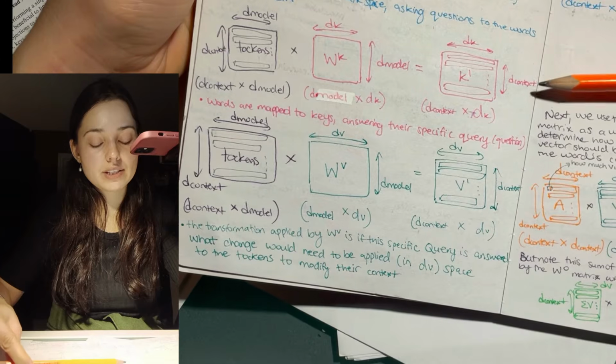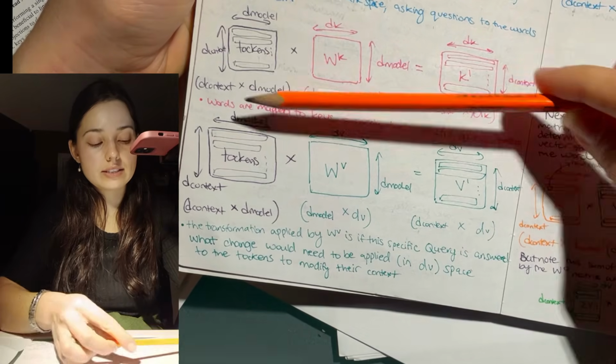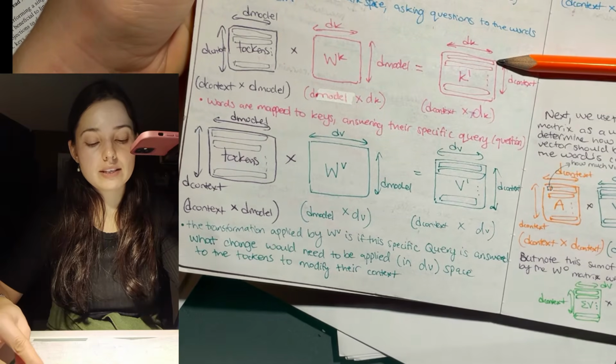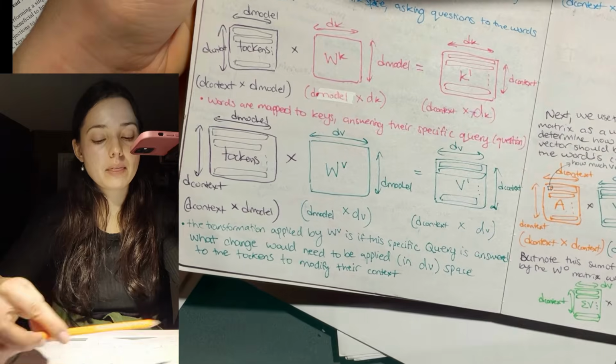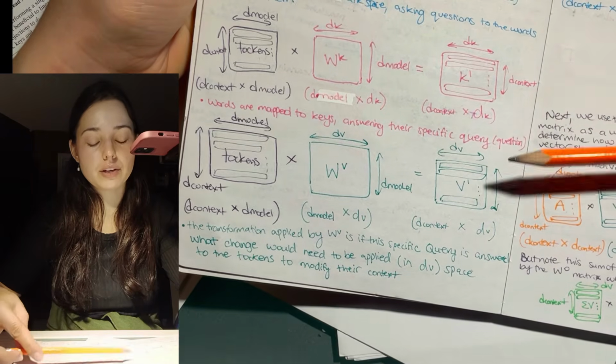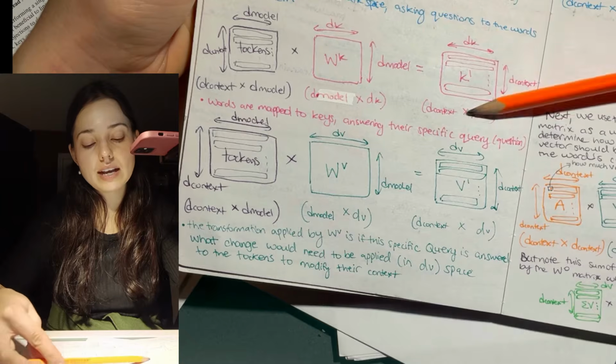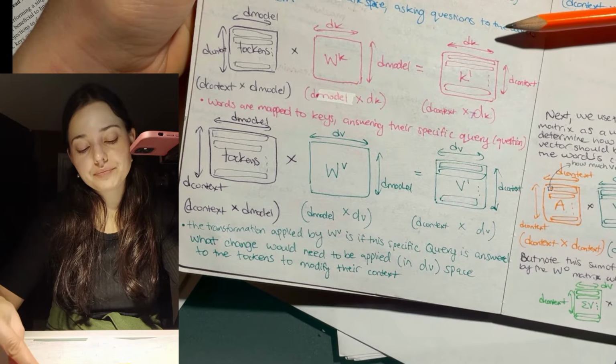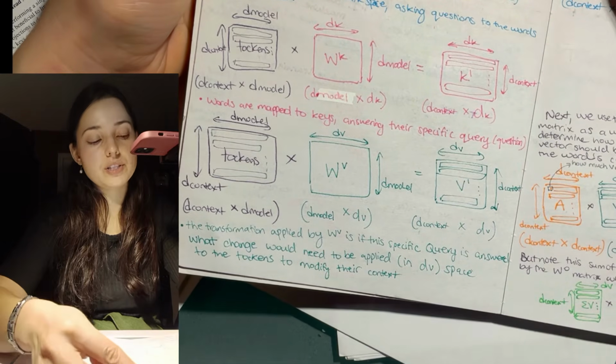Once it maps it, D context is still constant, which means this one is still associated with I, this one is still associated with love, the next one is still associated with learning, but it's in a different dimensional space than we started off with.